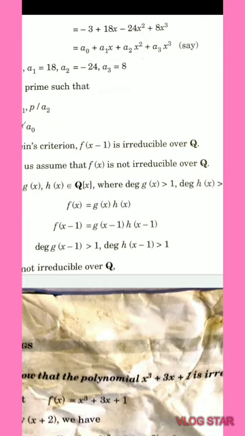So f(x minus 1) is equal to g(x minus 1) into h(x minus 1). As degree of g(x minus 1) is greater than 1, degree of h(x minus 1) is also greater than 1. This implies f(x minus 1) is not irreducible over Q, which is not possible as we have proved earlier. Hence, f(x) is irreducible over Q.